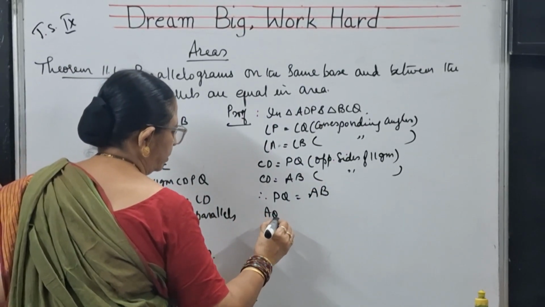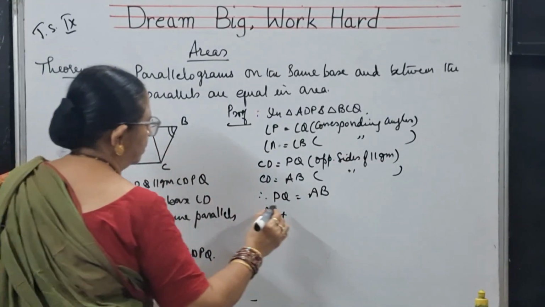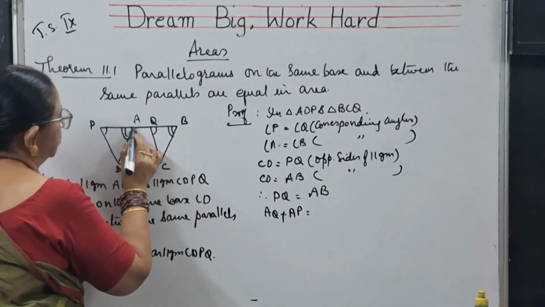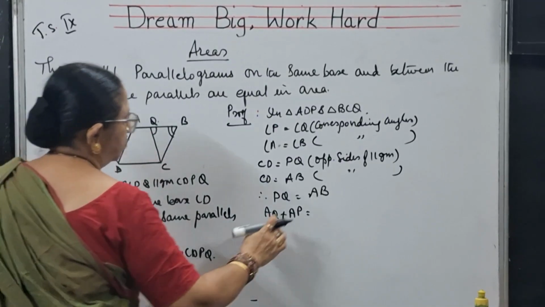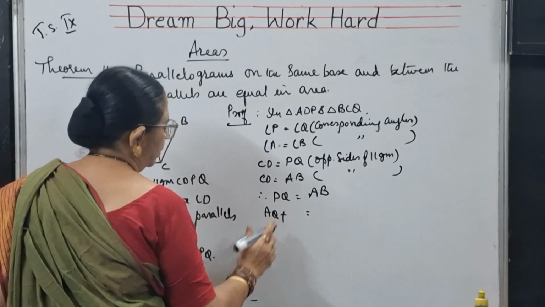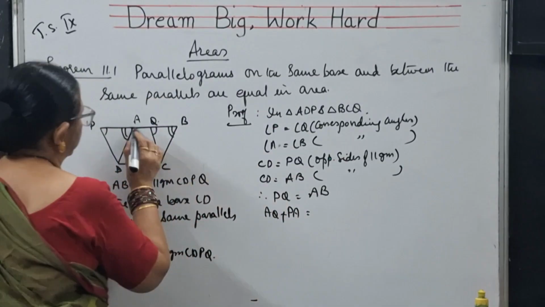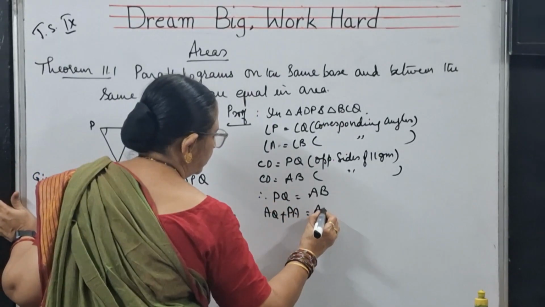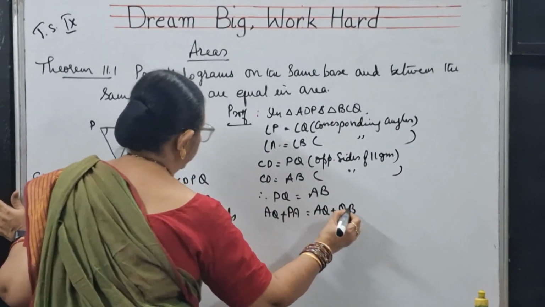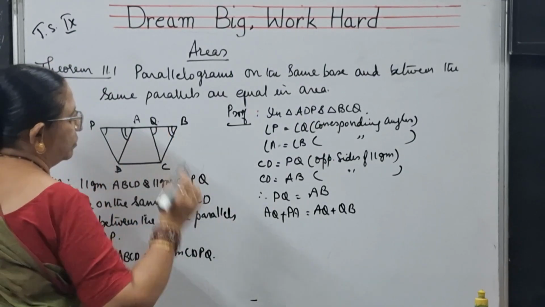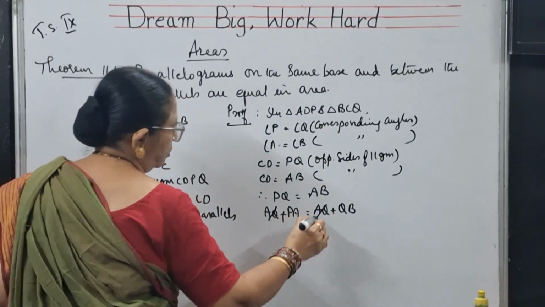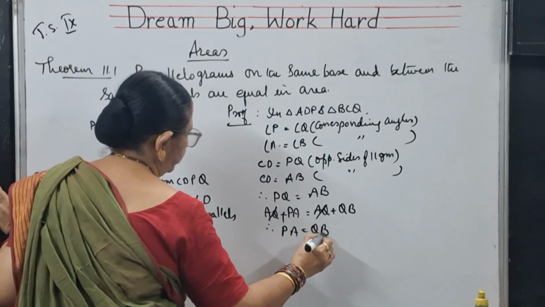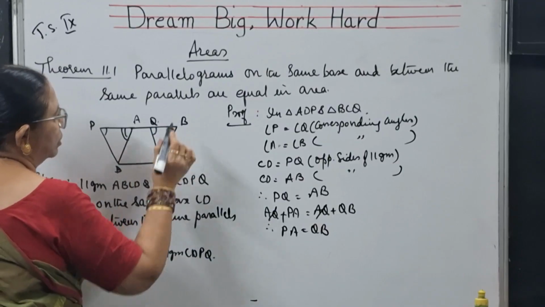PQ is nothing but AQ plus PA. Similarly, AB is nothing but AQ plus QB. So both the AQs can be cancelled. Therefore, we are getting PA is equal to QB.